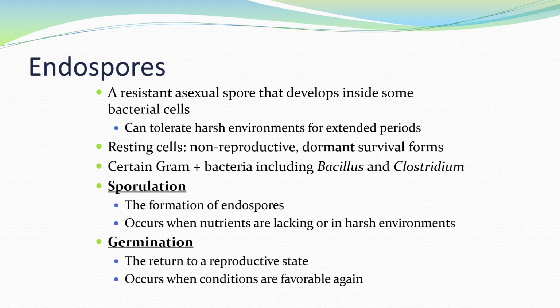So, a couple examples of bacteria that are able to create endospores are certain gram-positive bacteria that maybe you've heard of, including bacteria in the genus Bacillus and Clostridium. An example that maybe you've heard of in the medical field is C. diff. We'll talk about that one quite a bit actually in this class. A couple examples of endospores in recent advancements or recent studies.